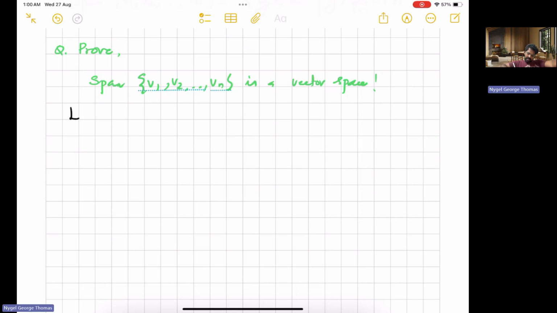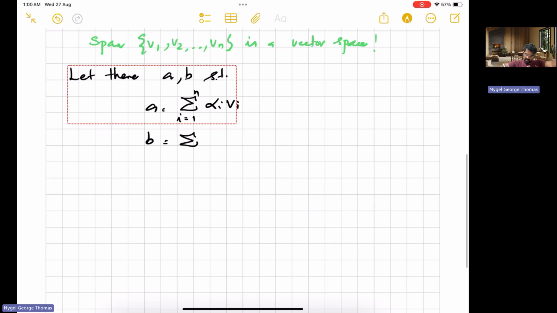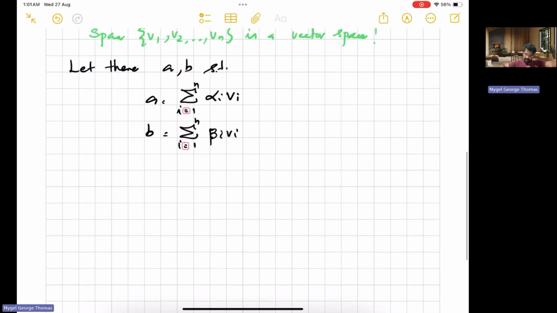Let us say there are a and b such that a is a linear combination of these vectors with some set of scalars alpha i, a equals sigma alpha i vi, and b is another linear combination of the same set of vectors with another set of scalars beta i.